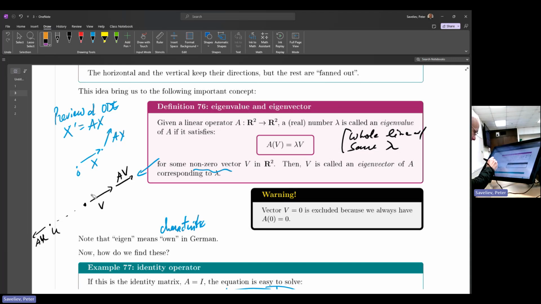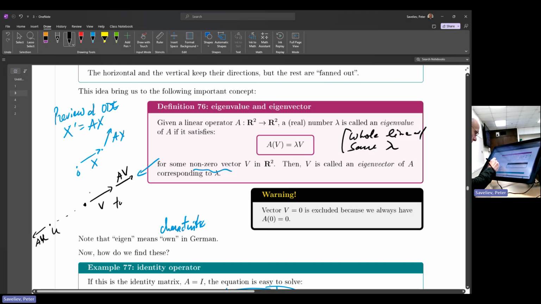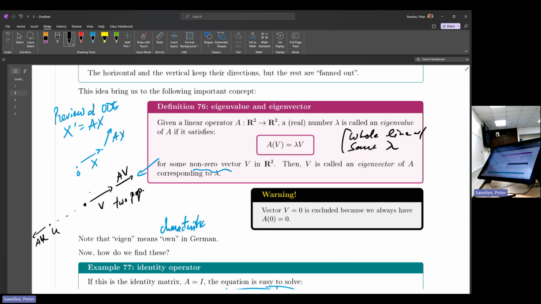If we have two populations, then what does that mean? As we saw with predator-prey, there is always one losing, one gaining. But this is not it. This is a very special direction, because there is a special combination of the two populations. It doesn't have to be predator-prey.